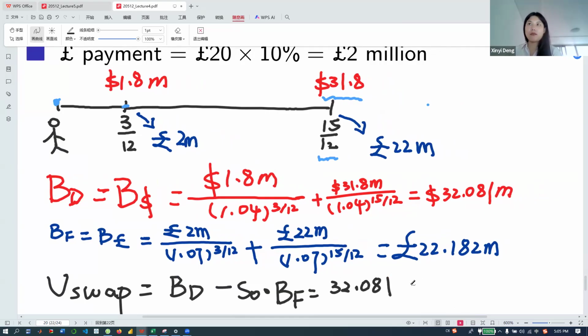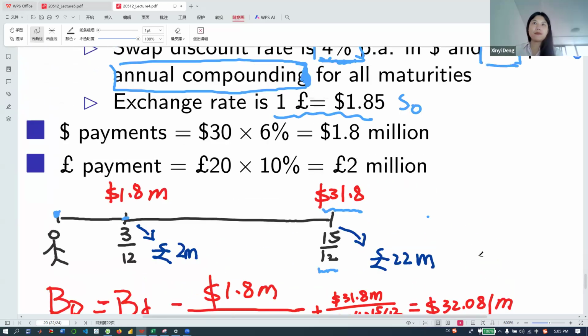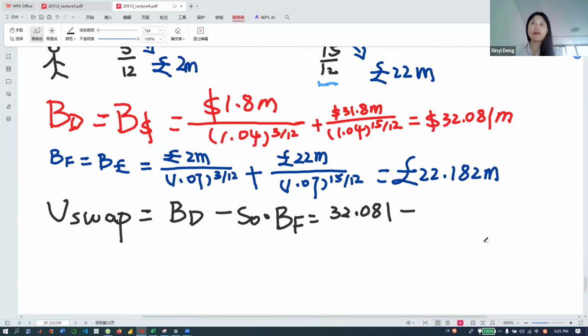Therefore, we are just going to end up with 32.081 minus 1.85 times 22.182. That's going to be equal to, let me do the calculation here.